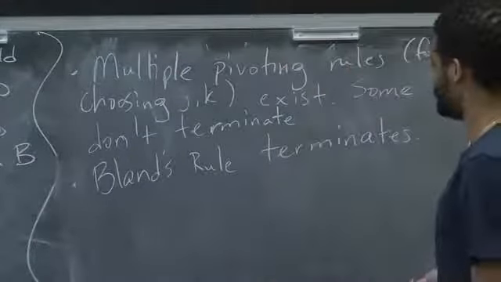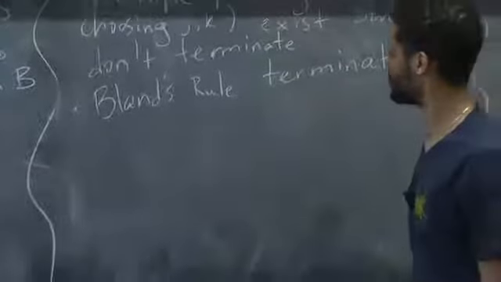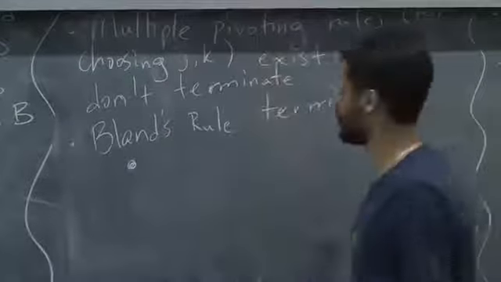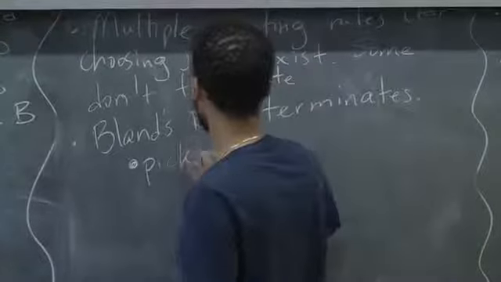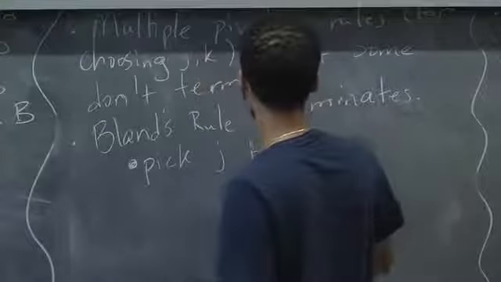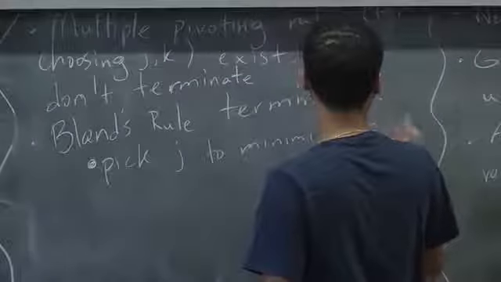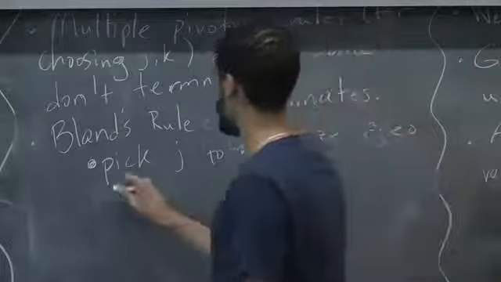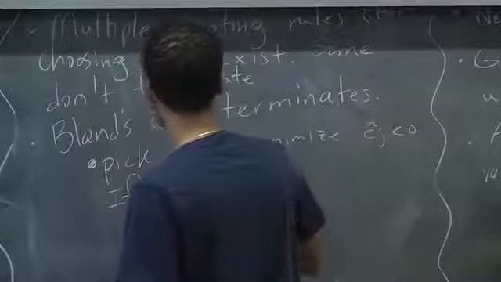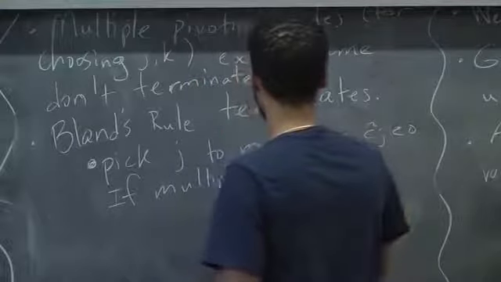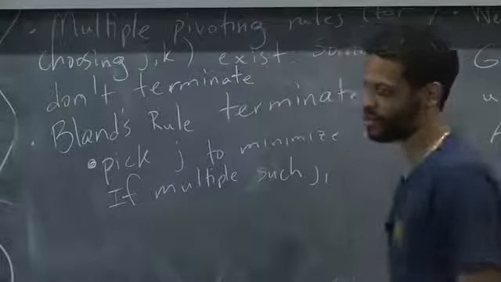So what is Bland's rule? Pick j to minimize, with c tilde j less than 0. If multiple such j exist, then you take the first one.